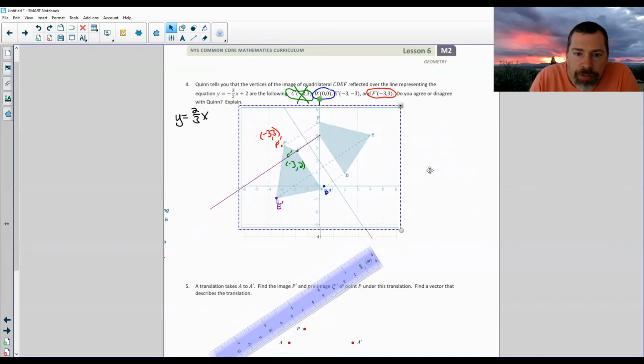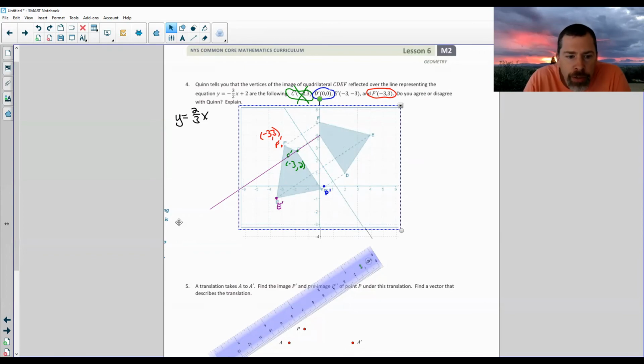All right, but as you can see, -2, 3 is C prime. So if I go -2 up 1, 2, 3, it's not quite there. So these values are not correct. This is not at 0, 0, and E prime should be at -3, -3, and it's definitely not. It's -3 point something, -1.